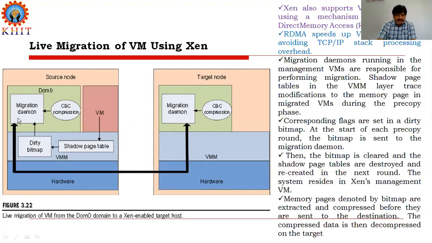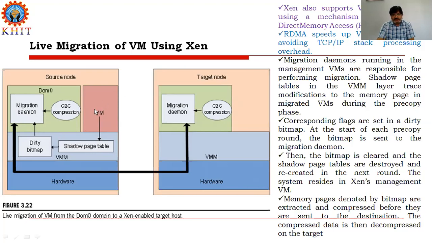So here there is a migration daemon thread running in the virtual machine, which is responsible for performing migrations. The shadow page table in the virtual machine layer traces modifications to the memory pages in the migrated virtual machines during the pre-copy phases.